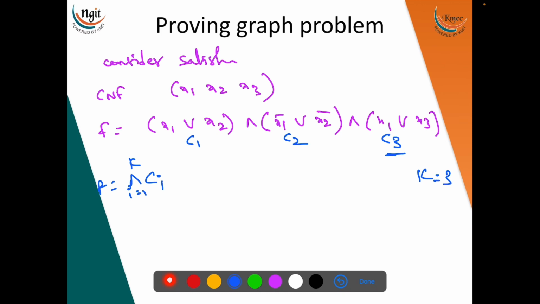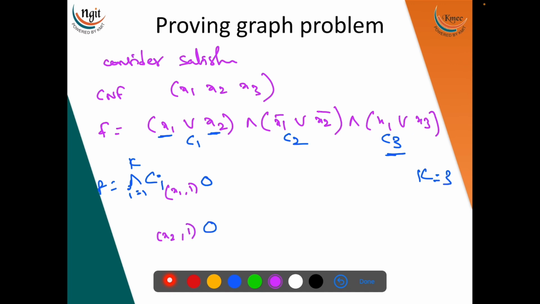Now take these values as vertices. I am taking x1 and x2 as vertices from the first clause. x1 is from the first clause, and x2 is also from the first clause.